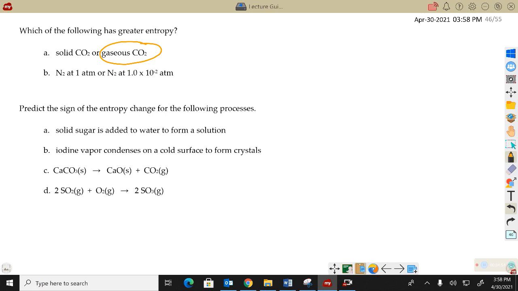In the solid phase, at least they're all kind of packed real tight together. What about nitrogen at 1 atmosphere versus 1 times 10 to the negative 7th atmospheres? When I think about pressure, those gas laws come back. A higher pressure, if I'm thinking like I'm pushing down on gas particles in a syringe, means a smaller volume.